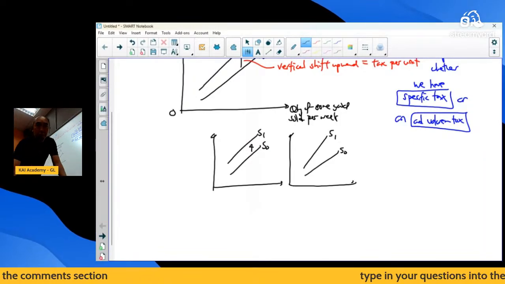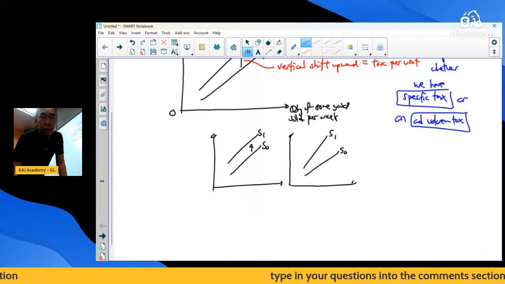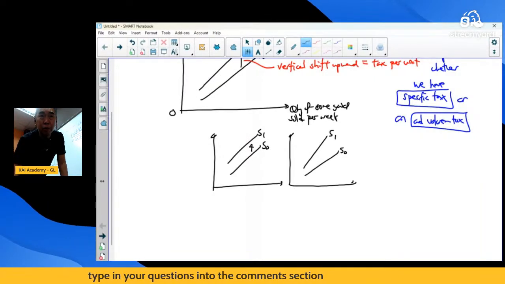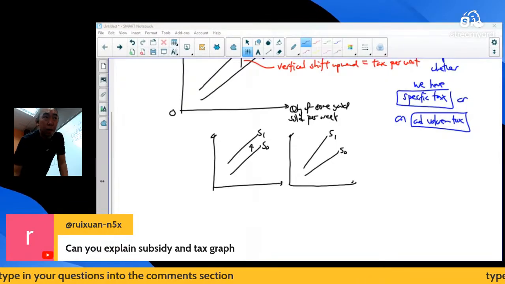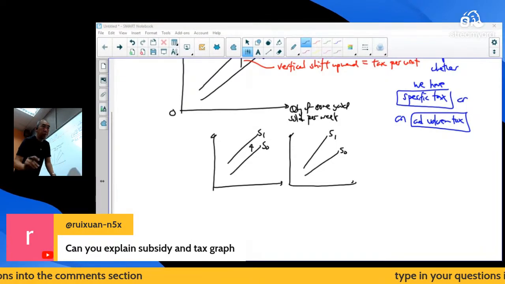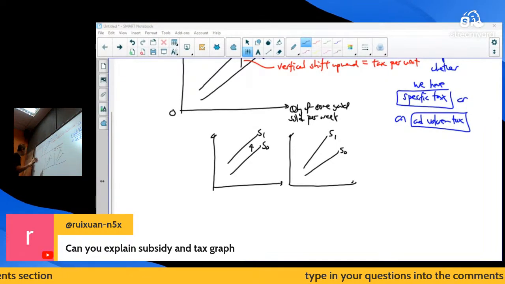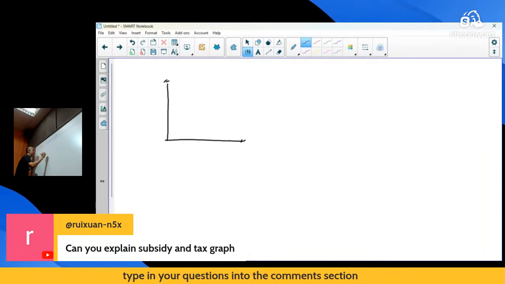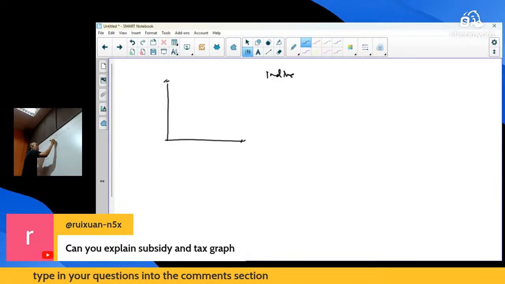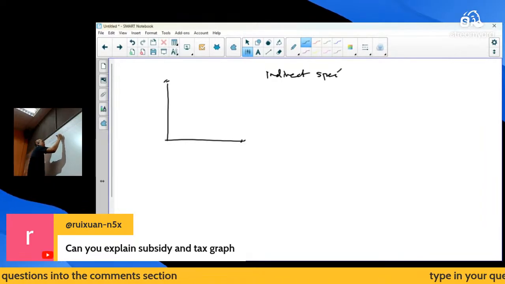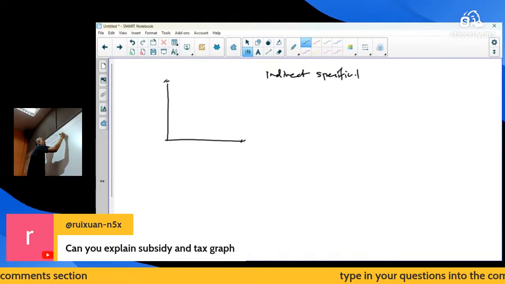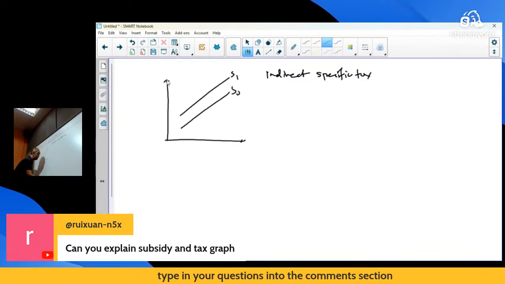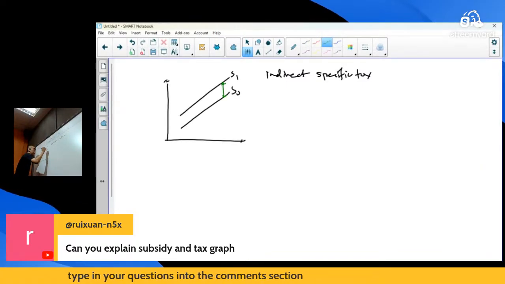So coming back to address Ray Xuan's question first. Isabel, I'll come to your question in a moment. All right, so Rachel is asking about the tax graph. So when you have imposed a tax, let's say we do an indirect specific tax. So the graph shifts up by the vertical distance equal to the tax per unit.